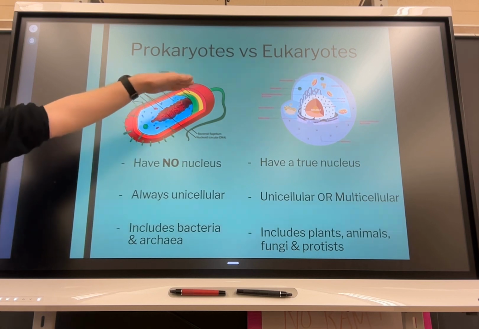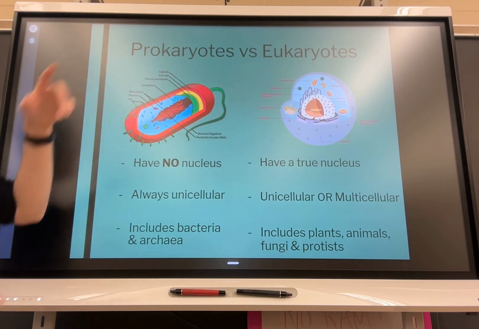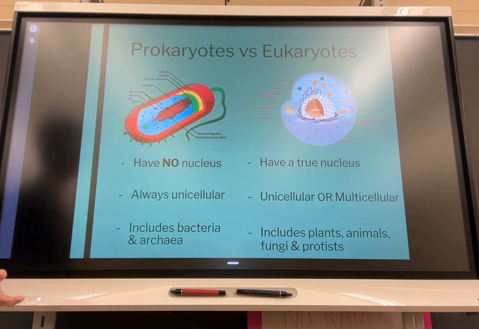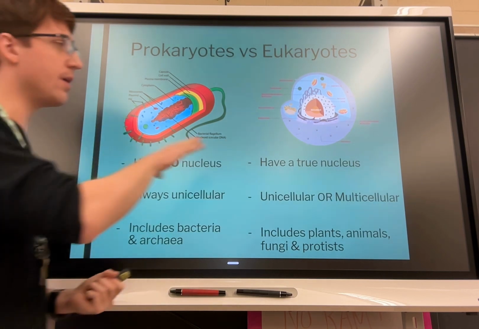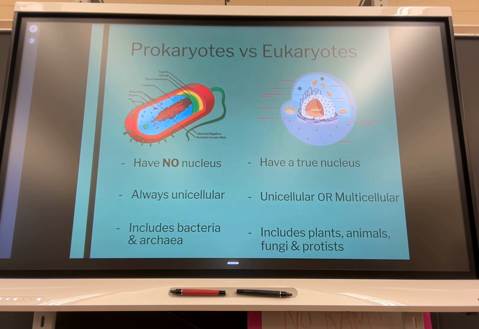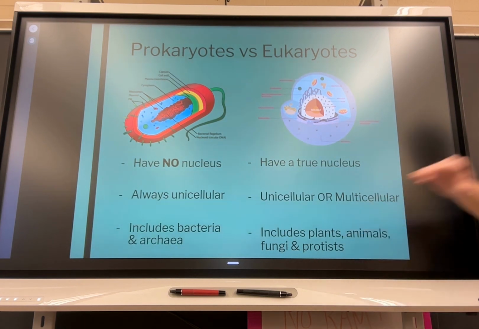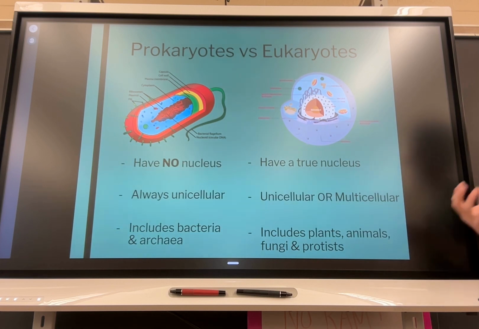Instead, they have a central area where their DNA is stored. Typically, this is a ring of DNA called a plasmid or a nucleoid. And this is just going to be kept within the middle of the cell and accessed whenever it's necessary. Eukaryotes, on the other hand, are going to be things like plants, animals, fungi, so mushrooms, protists, other pond organisms, as well as us, we are all eukaryotes.